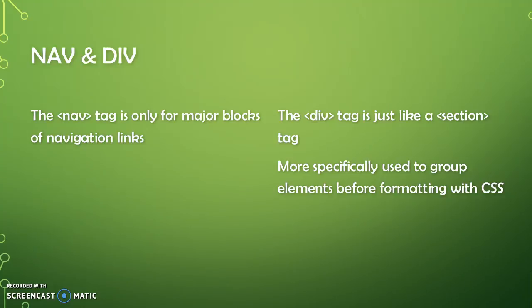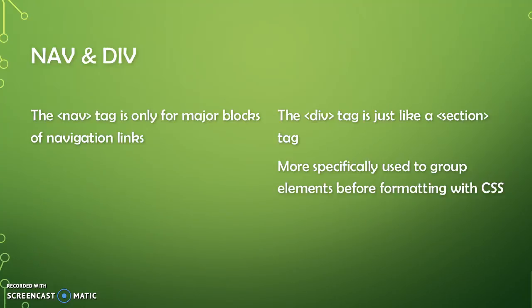And the div tag is just like a section tag, but more specifically it's used to group elements before formatting them with CSS. So I've done it before for another class where sometimes you can put sections and div tags alternating, which is a little confusing to do, but it works the same as a section tag.